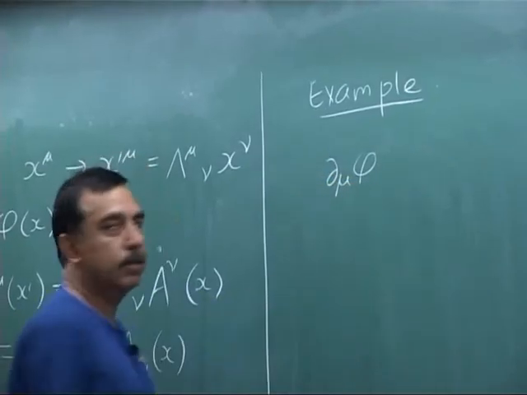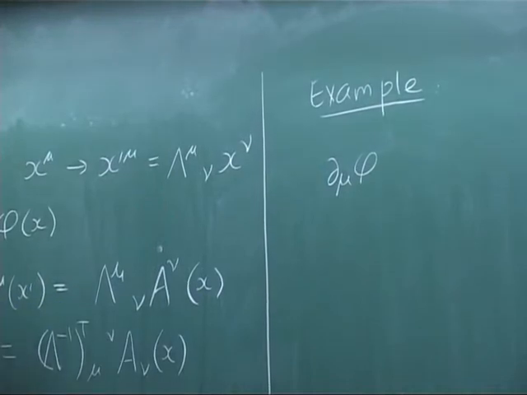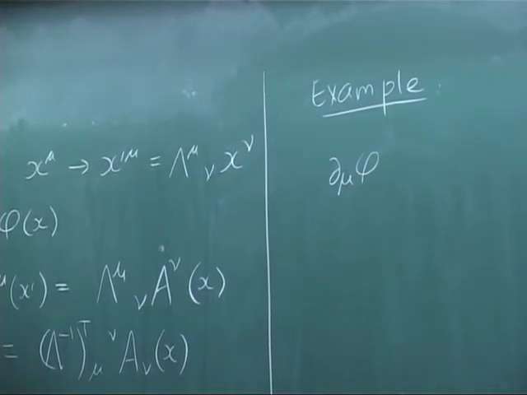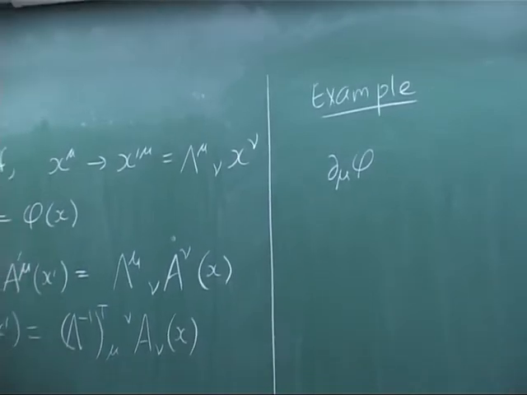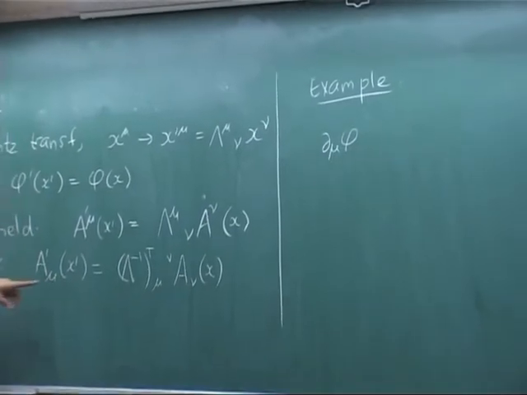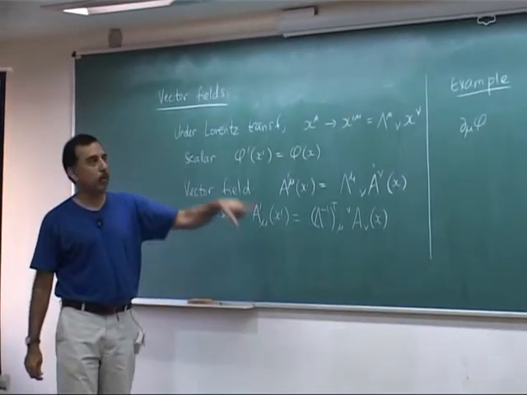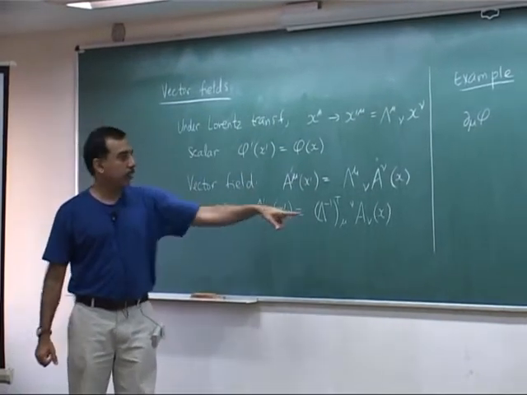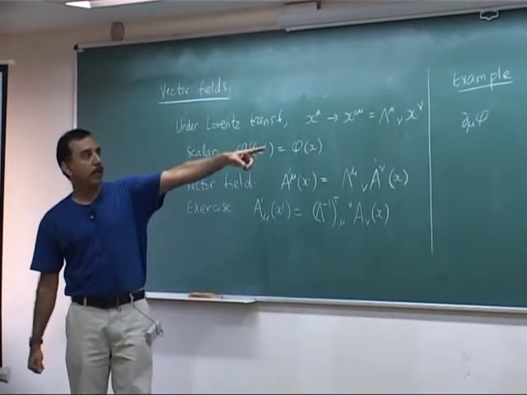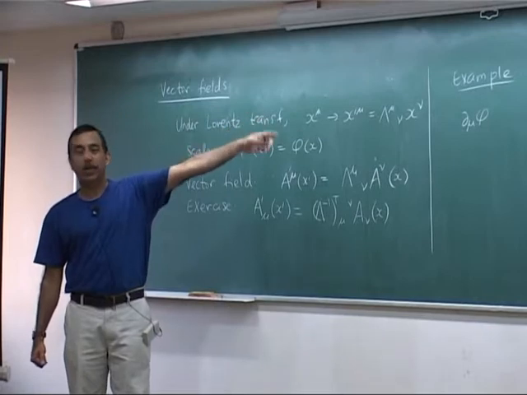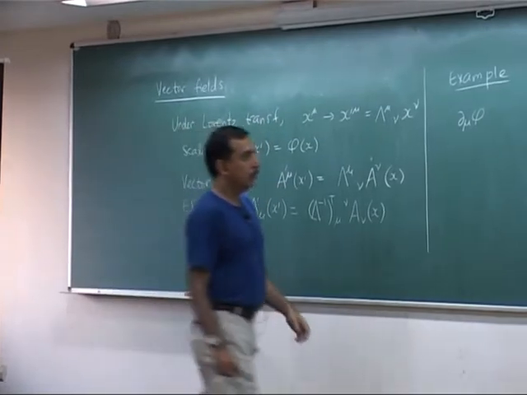Take its gradient, del mu phi. This quantity occurs when we build the Klein-Gordon Lagrangian or Klein-Gordon action, and this transforms exactly like this. It's easy to check. It must. All quantities with one lower vector index will transform the same way, or if I raise that mu with an eta mu nu, then it will transform like this.